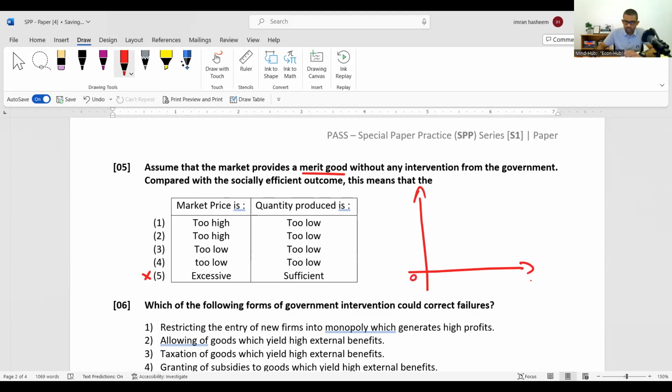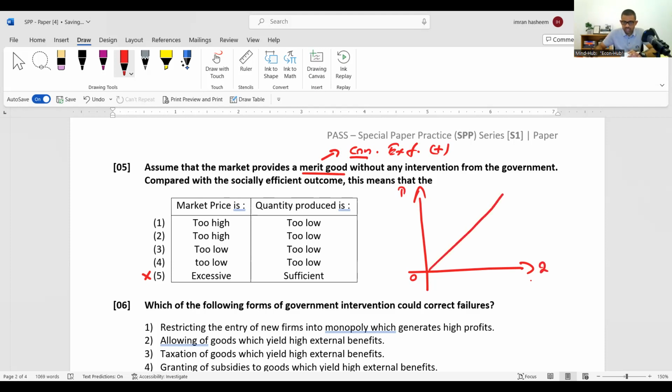Now remember, merit goods, merit and demerit both, we always look at the consumption externality side. So it's a positive externality of consumption. Consumption externalities we show using demand curve diagrams, right? Price, quantity, demand curve diagrams.